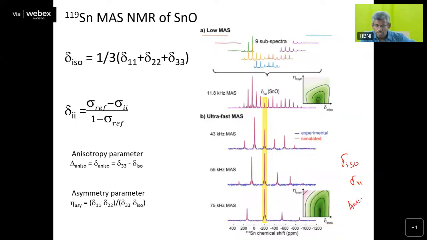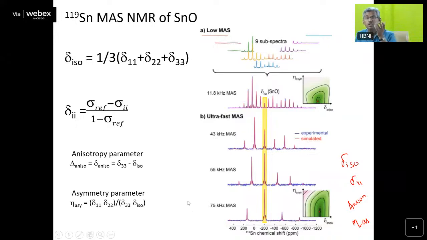When you record a magic angle spinning NMR pattern of a solid material, we always report these four parameters: what is the isotropic value, what is the delta ii value, what is the delta anisotropy, and what is the eta asymmetry. So four parameters are very important in the case of solids: the isotropic chemical shift, the components of the chemical shift anisotropy, and the anisotropy parameter.